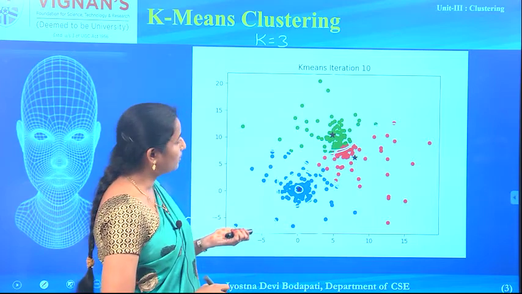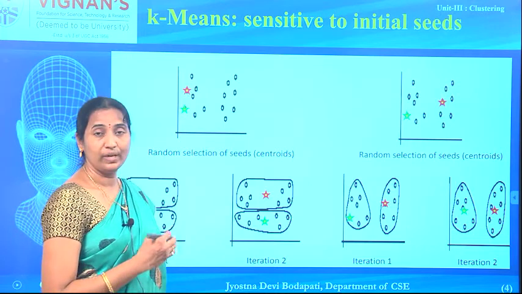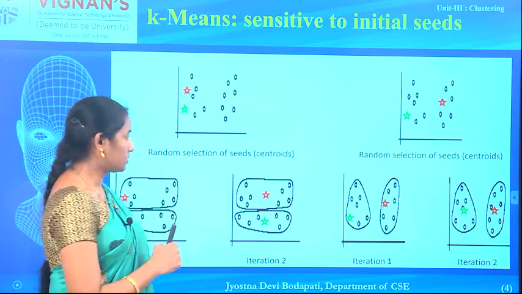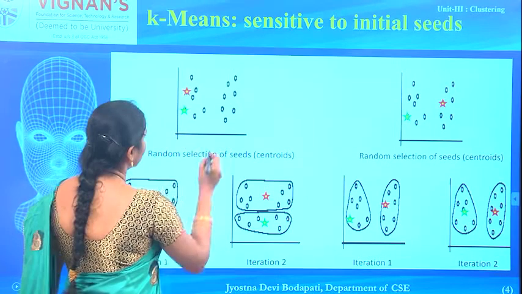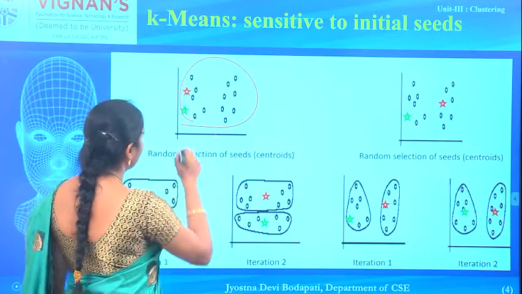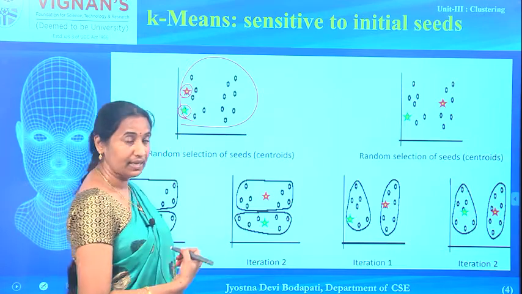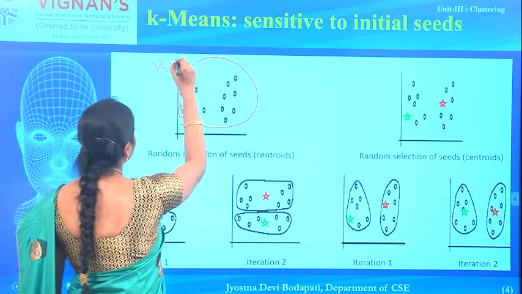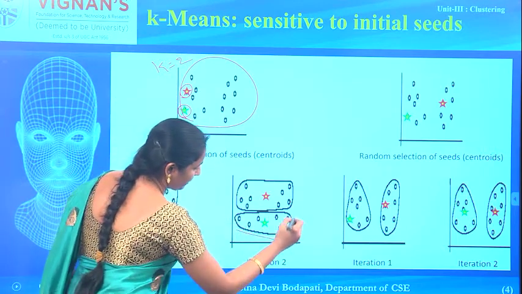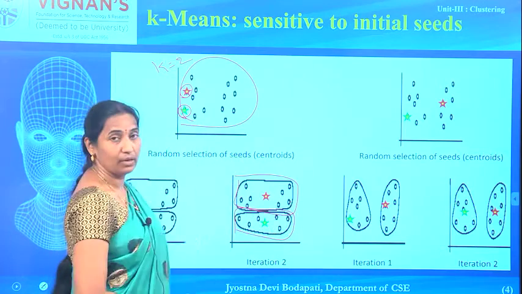Let's see some of the limitations of the K-means algorithm. The K-means algorithm is very much sensitive to the initially selected cluster centers. If these are the given data samples, and you assume that these are the initial cluster centers that you randomly select, where your K value is 2, then over the iterations, these are the 2 clusters that are formed when you apply the K-means algorithm.